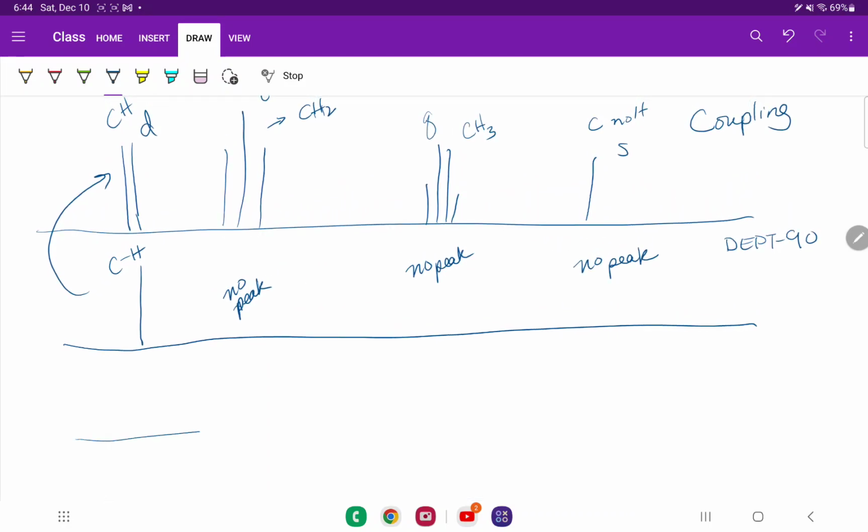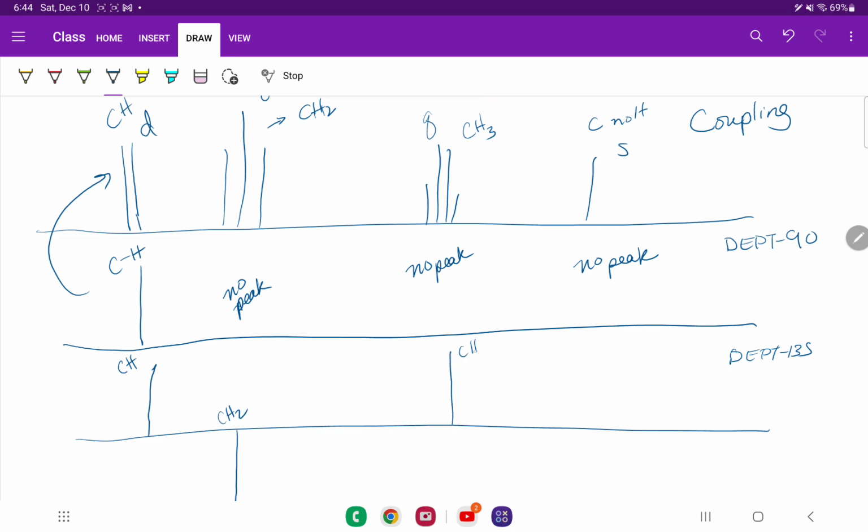For DEPT 135, what you would see for a CH is it will go in a positive direction. What you'll see for CH2 is it will go in a negative direction. What you'll see for CH3 is it will go in a positive direction.